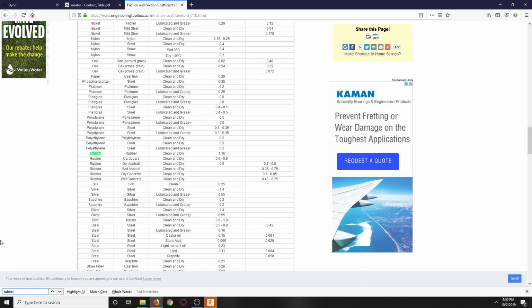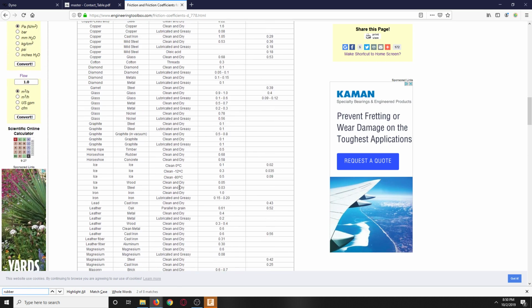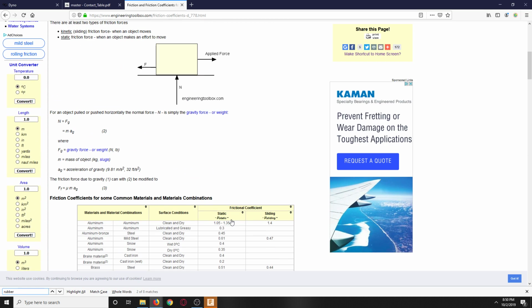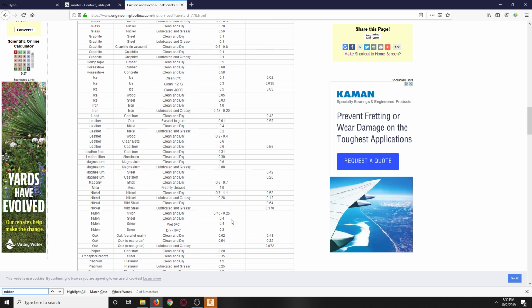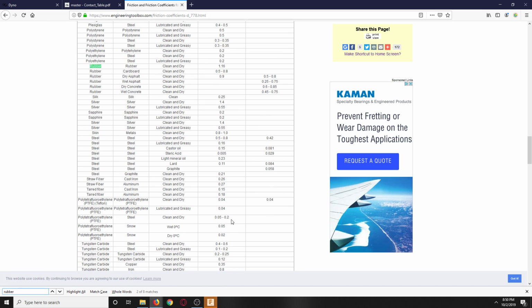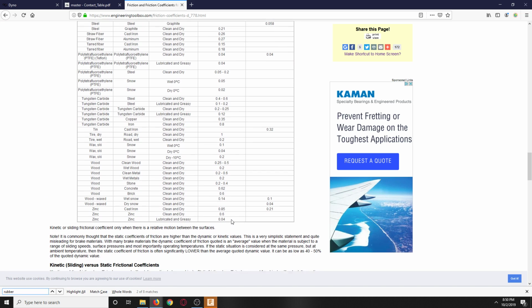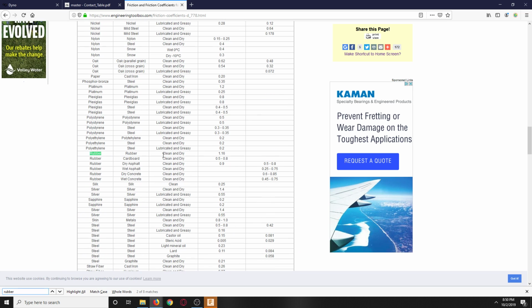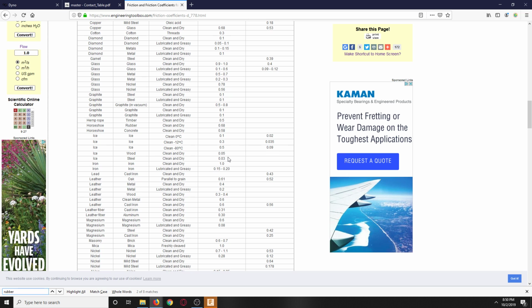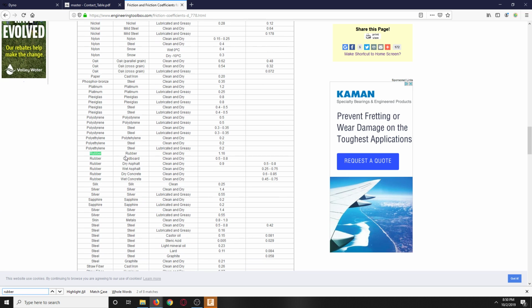Rubber on rubber, clean and dry, 1.16. I know it could be over 1. It's interesting. Clean and dry, so it goes from 0.8, which, I don't know about that. Dry asphalt's 0.9.